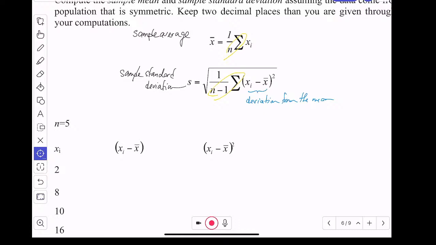So we're going to measure the deviations from that center, and then rather than just average them, we have to do a couple of other things. One is square them, and the other one is divide by n minus 1. So I'm going to explain what's going on here.